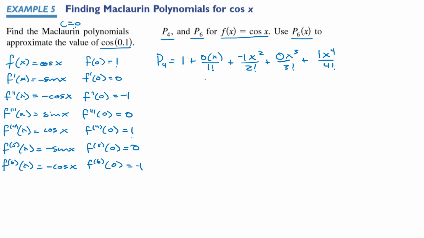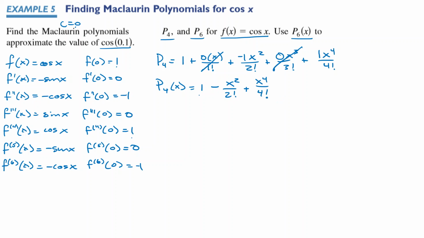So there's our p sub 4. So the 0 terms are going to go away. So it looks like all the odd terms are gone, and we're left with just even terms. So p sub 4 of x, I should put an x in there, is 1 minus x squared over 2 factorial plus x to the fourth over 4 factorial.